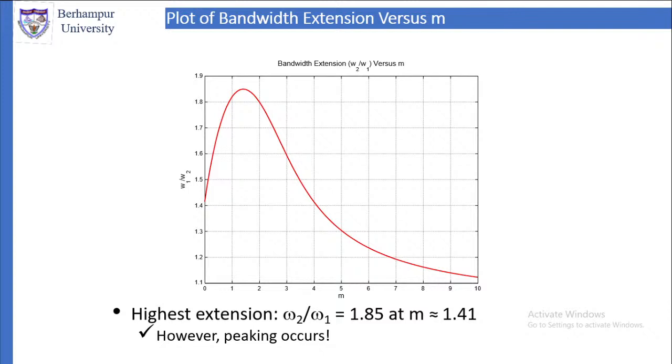That peak value is slightly more than 1.8, around 1.85. Omega 1 by omega 2 is around 1.85 when M is equal to 1.41. Peaking occurs for M is equal to 1.41.